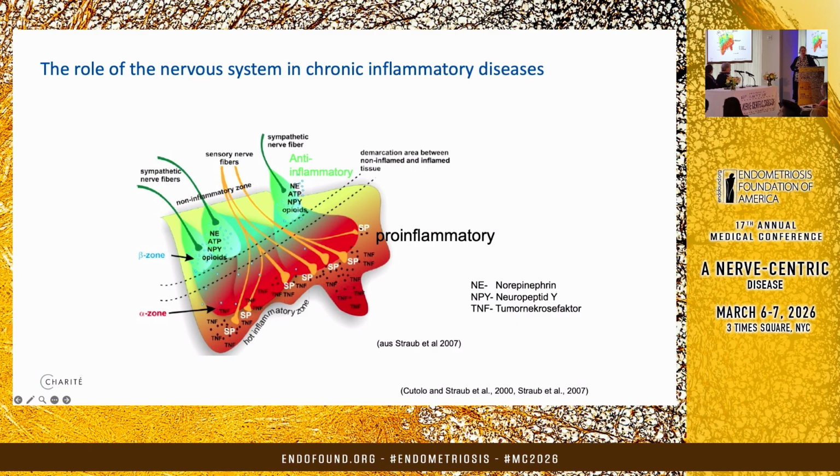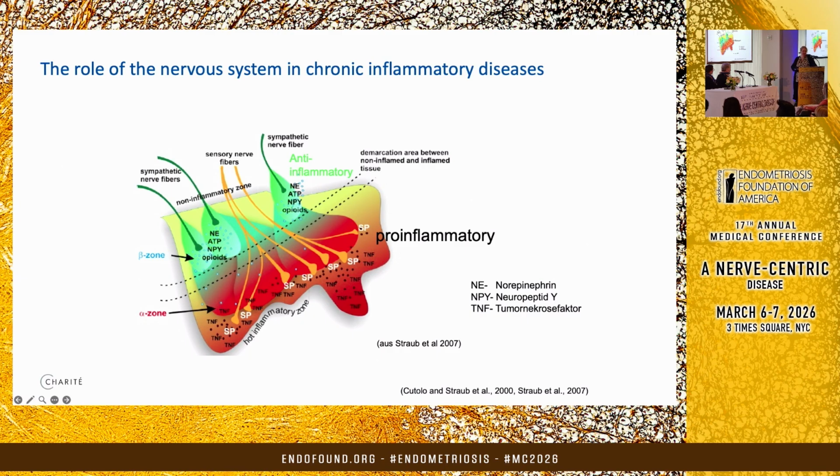And the sensory nerve fibers release substance P, which is also a pro-inflammatory neurotransmitter. And the noradrenaline and adrenaline released by the sympathetic nerve fibers is more anti-inflammatory.